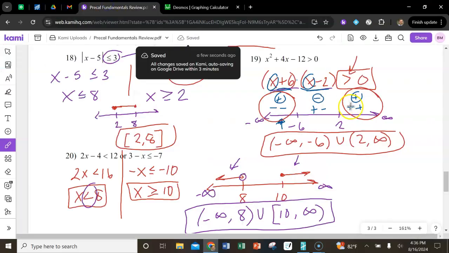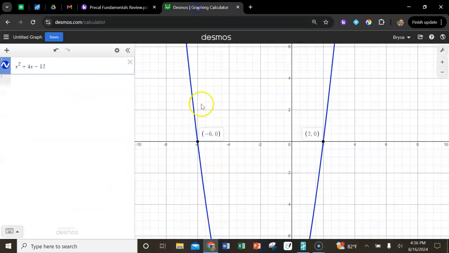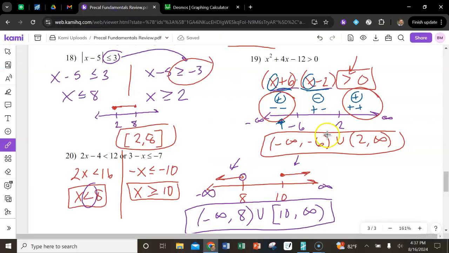So the question with this inequality was, when is it greater than 0? Which means, over what x interval is the graph above the x-axis? Well, that is over here. Anything left of -6 would be above the x-axis, or anything to the right of +2 would be above the x-axis. So keep that in mind. If you know what that graph does, it's just a parabola, and that's what the plus minus plus tells us.